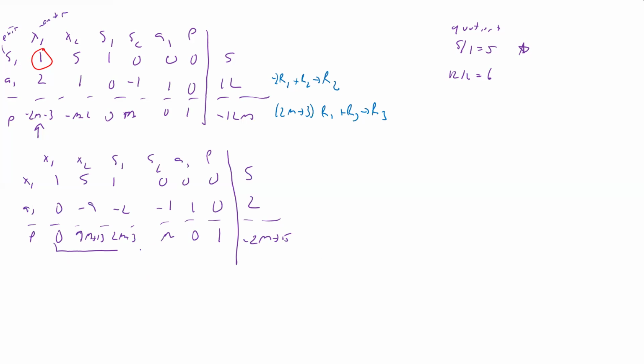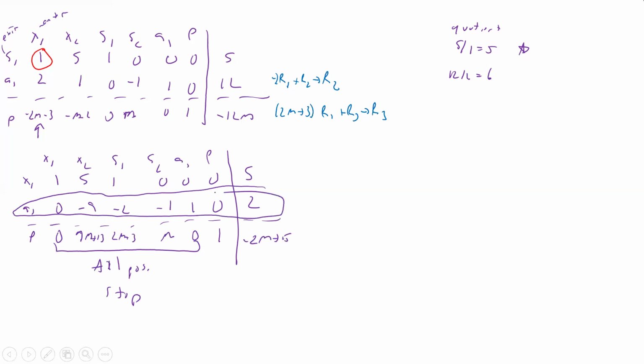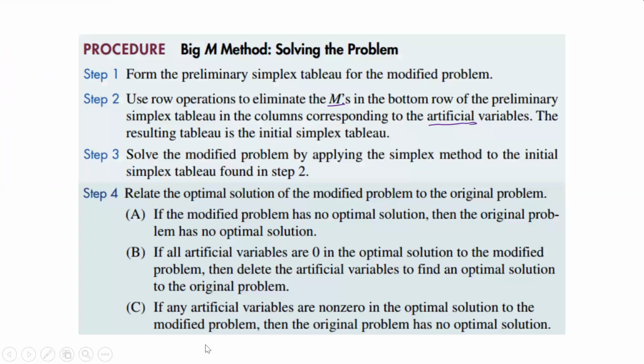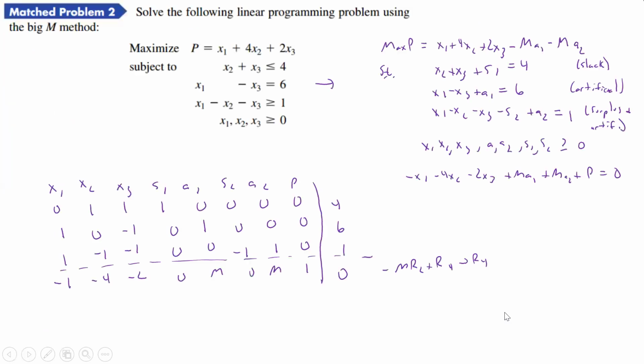Now notice the indicators are all 0 or positive, so we're going to stop. But now notice the artificial variable is 2. If we go back a long ways, we have that if any artificial variables are non-zero in an optimal solution to the modified problem, then the original problem has no optimal solution.